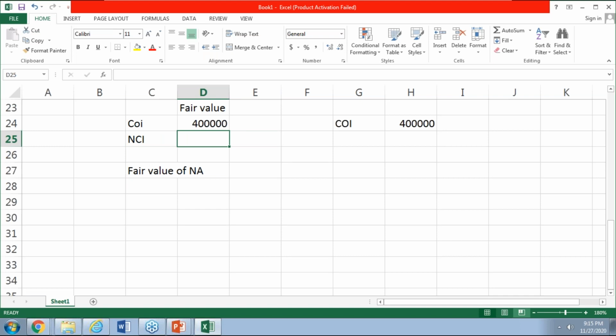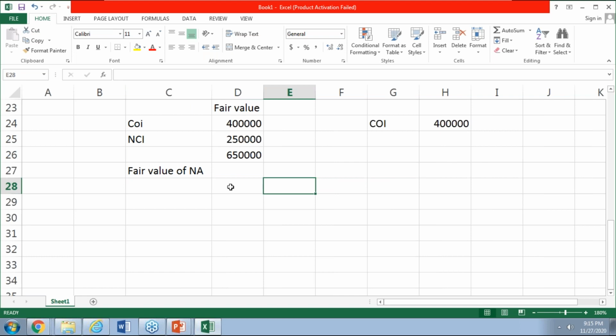So assuming the fair value of NCI is 2,50,000, the total amount will be 6,50,000. Do remember this, that we are doing the fair value approach for the NCI. Assuming the fair value of net assets has a total value of 3 lakh.